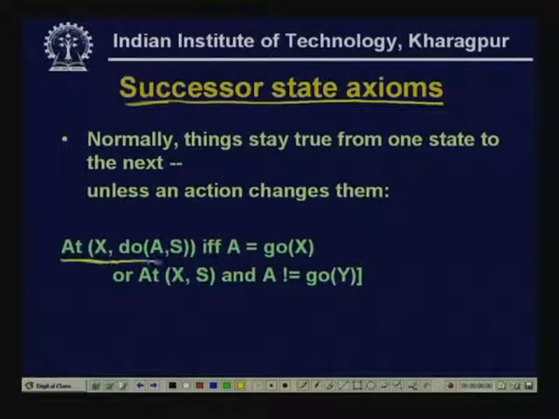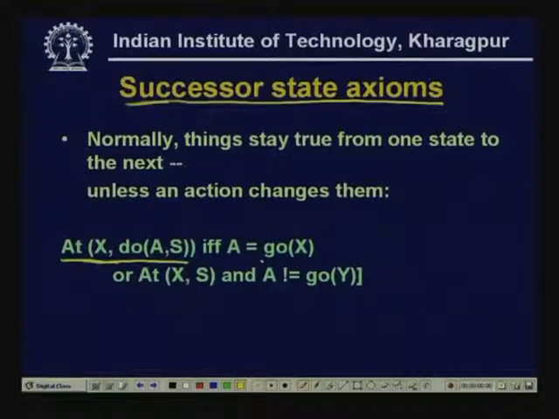Now, at x will hold in the next situation which has arisen out of doing the action A in situation S. So, do(A, S) is the new situation which the agent finds itself in after carrying out the action A in situation S. At x holds in this situation if and only if either A equals go x, that is, the current action is go x, then after this action at x will hold; or at x will hold if the action is not go y and the agent is already at x in the previous situation.